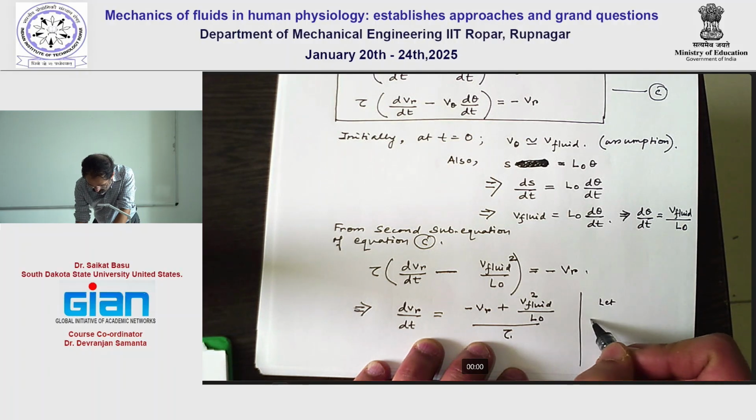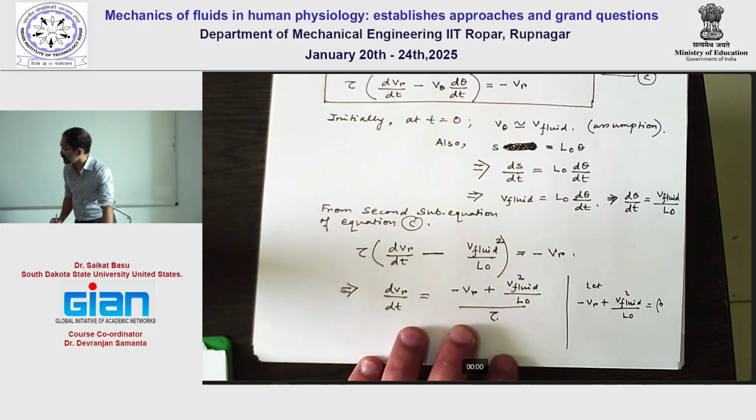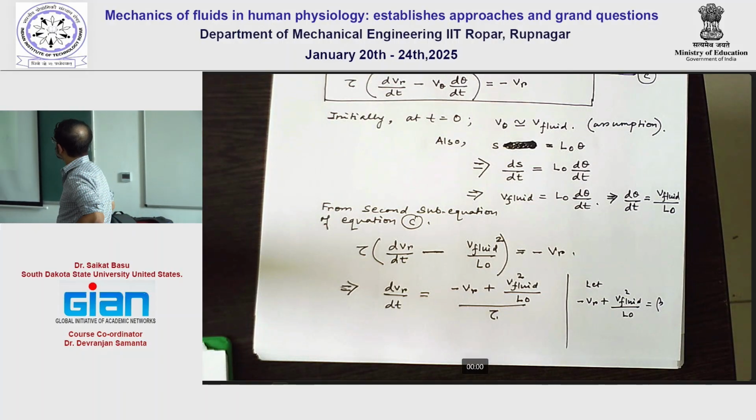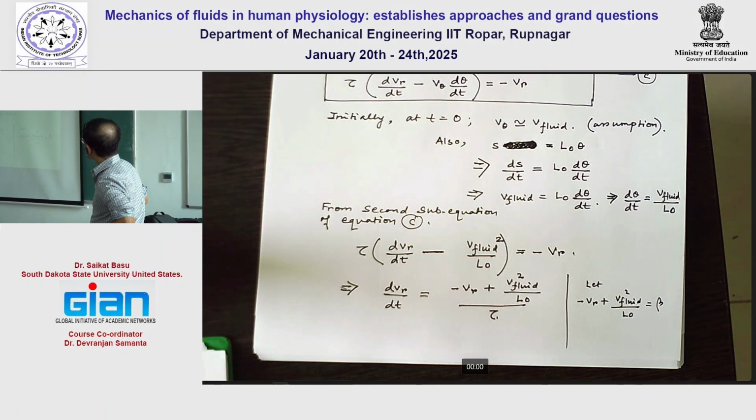So let's assume that this negative Vr plus v_fluid squared over L naught is some term beta. So tau will follow Vr by tau. Minus Vr tau plus. Oh right, Vr over tau. Yeah, you're right.